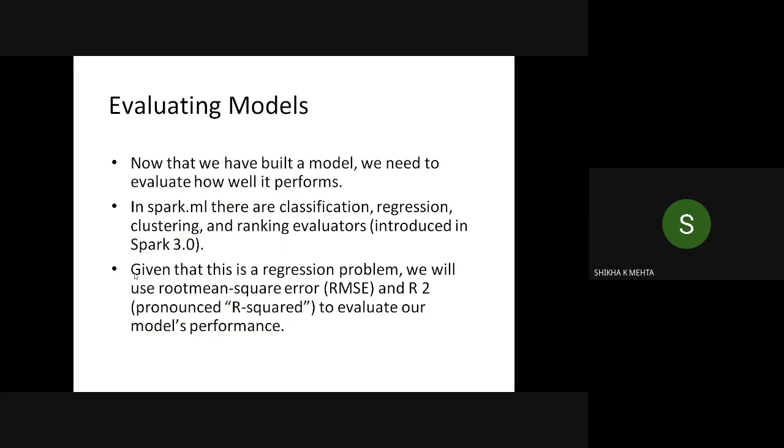Now evaluating the models, we use various evaluation measures. For the regression model, we use the root mean square error or the R square to evaluate the model's performance. I'm going to show you the root mean square error.